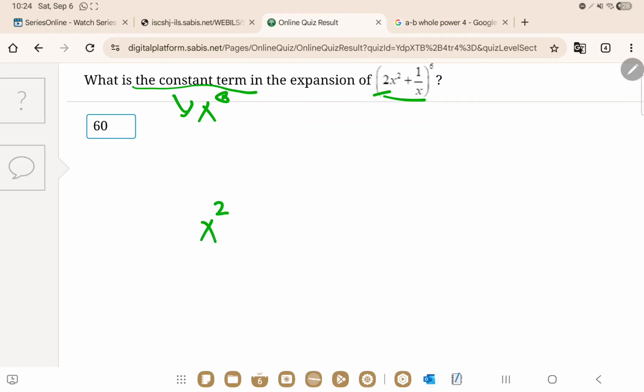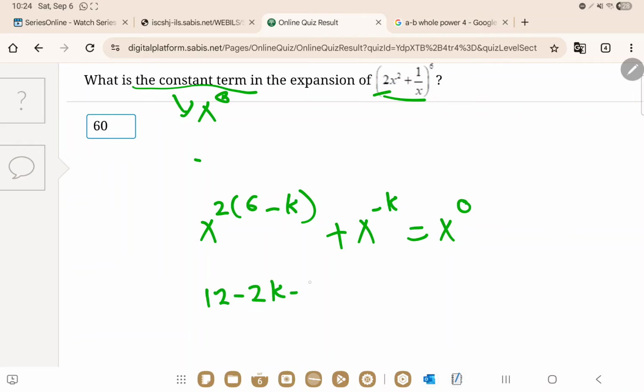So x squared into k into 6 minus k plus x power negative k equals x power 0. So 12 minus 2k minus k equals 0. 12 minus 3k equals 0. And k equals 4.